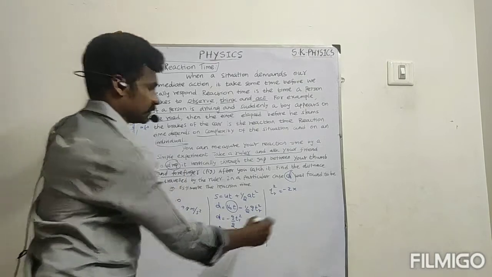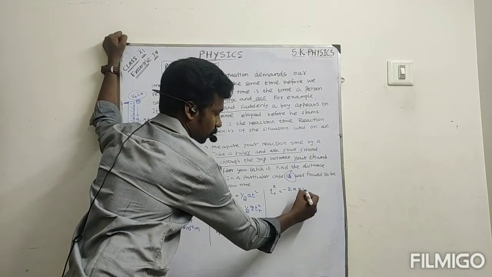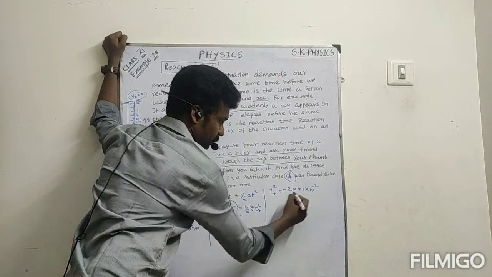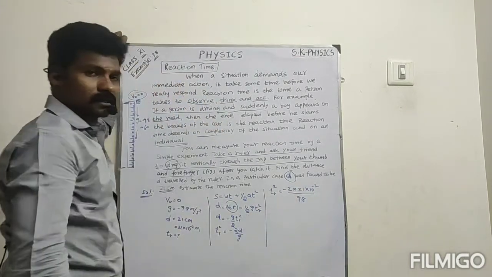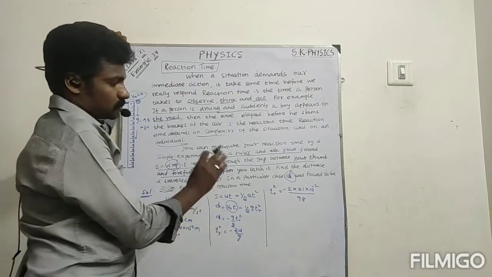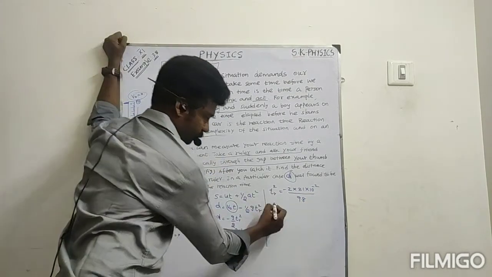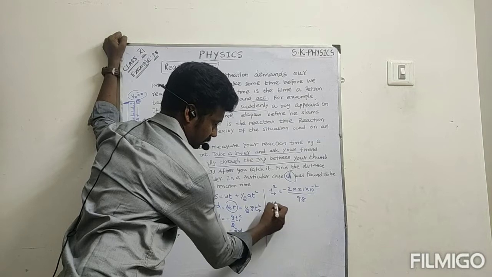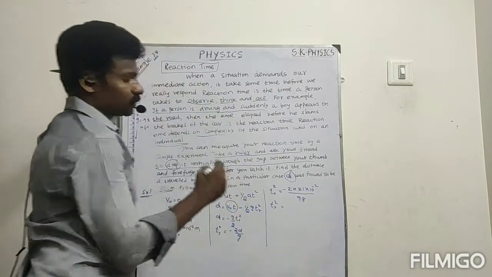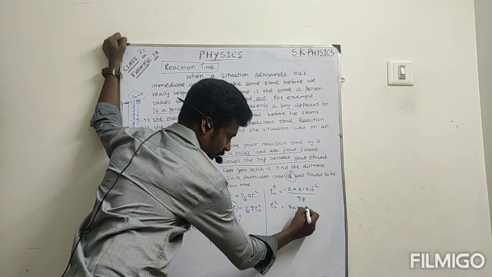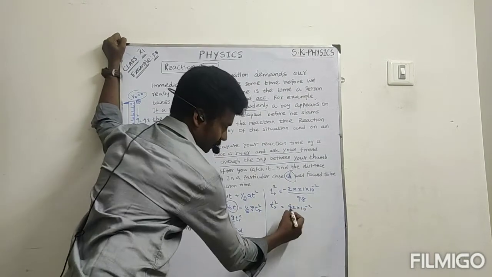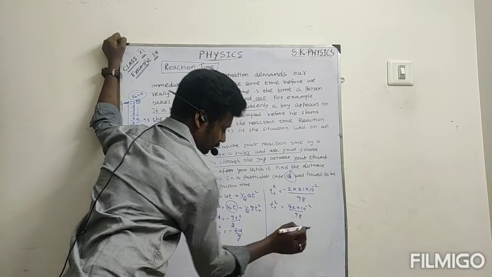How much distance is covered? 21 centimeter, that is 21 into 10 power minus 2 meter, divided by g value taken as 9.8. Therefore reaction time tr square is equal to 2 into 21 is 42, so 42 into 10 power minus 2 divided by 9.8.